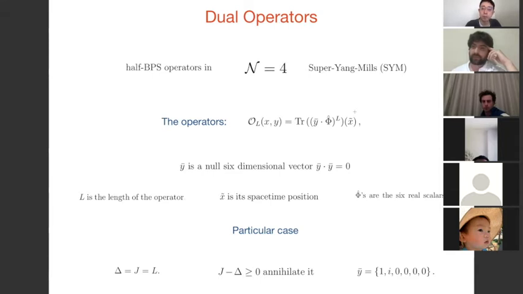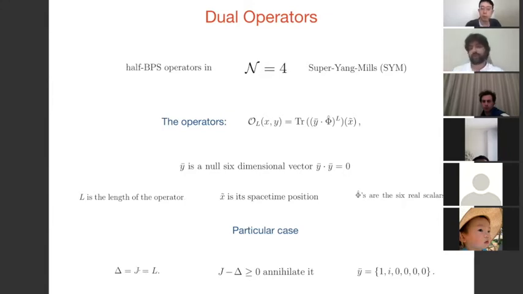I construct vertex operators that are dual to a very specific polarization, a very specific half BPS operator. You can always apply an SO(6) rotation, or PSU(2,2|4), to get a more general expression. But then you can fix this Y bar in some particular orientation and take an operator. I can take a particular vector, and then this operator satisfies that J is the charge.